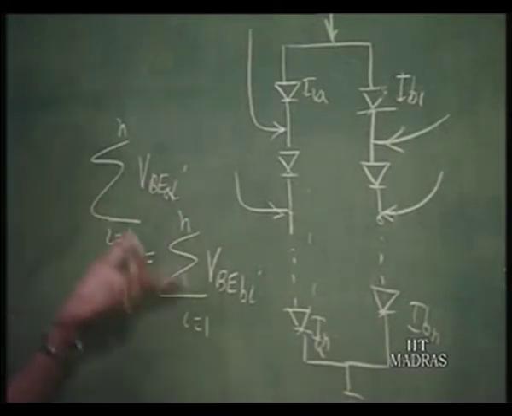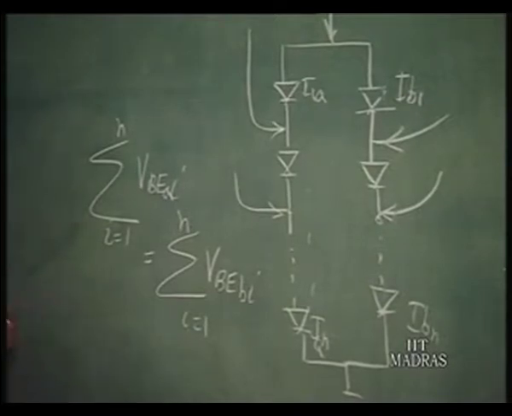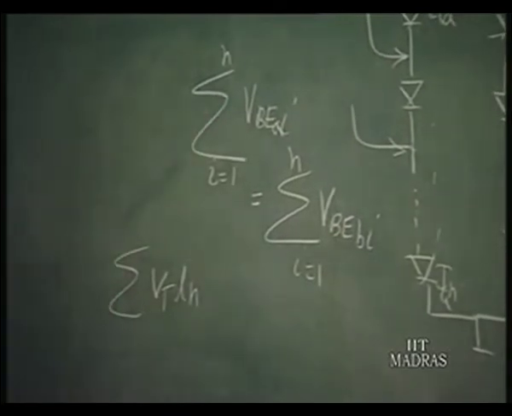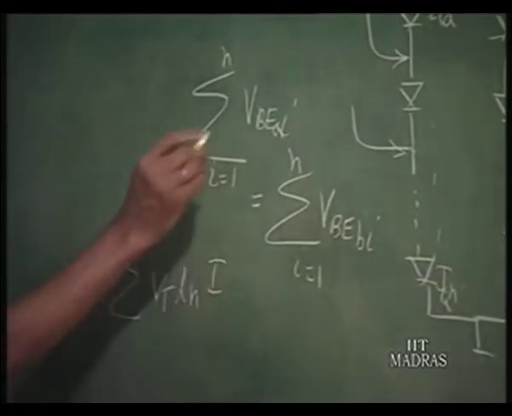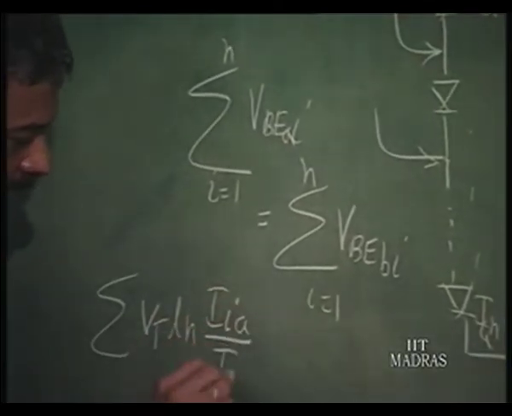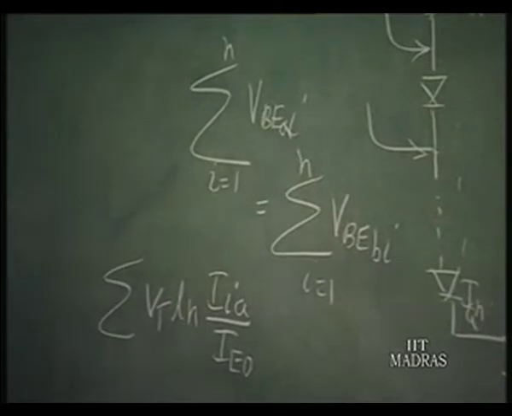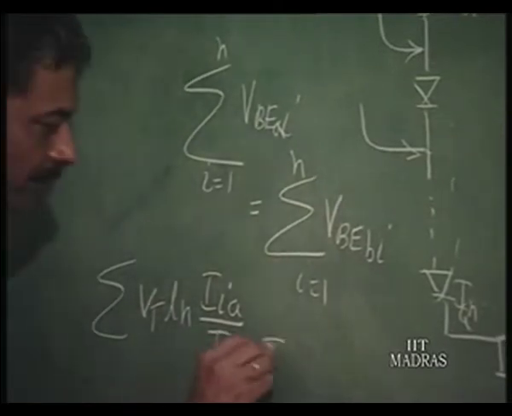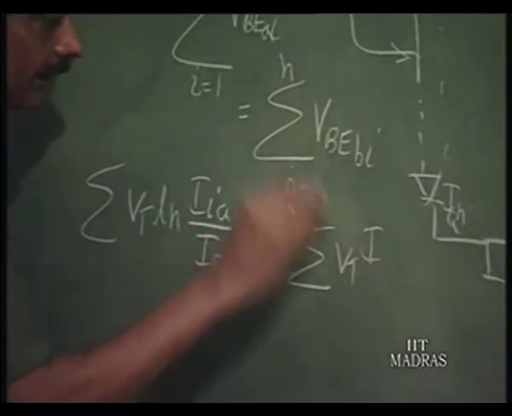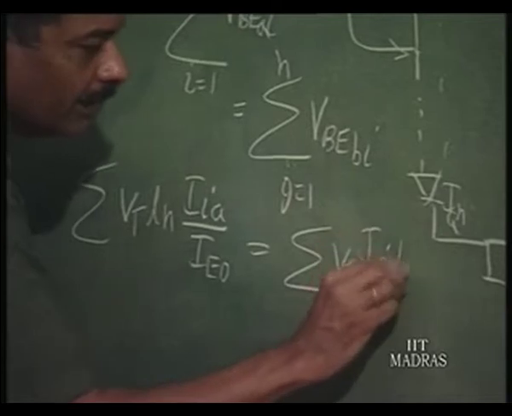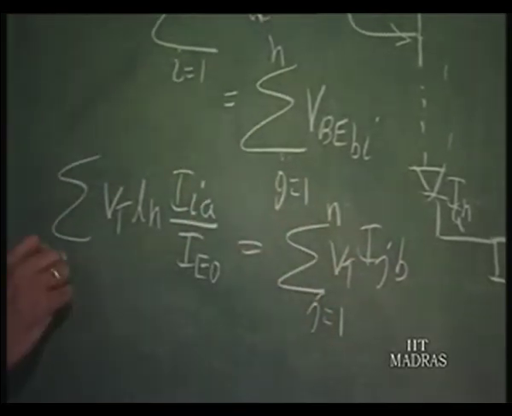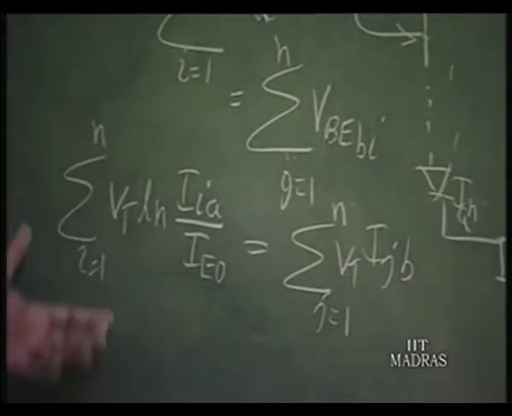So, once these sigmas are same, we know that these VBEs are same as Vt log of corresponding currents, which we are calling IA, by IE0, okay, and this is also equal to sigma Vt log of IJB by IE0, J equal to 1 to n, right.